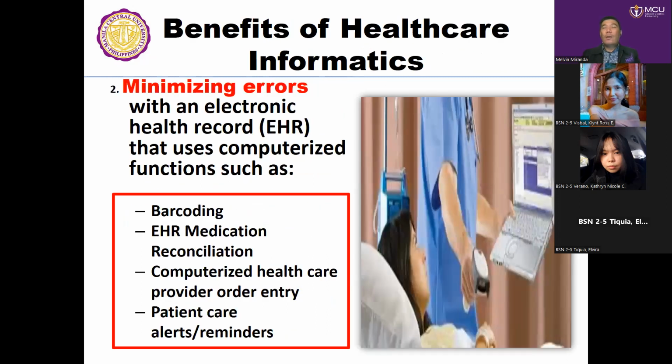The next, as we mentioned in the definition of health informatics, is mitigating or minimizing errors. Through the use of electronic health records, we have maximized the use of computerized functions.